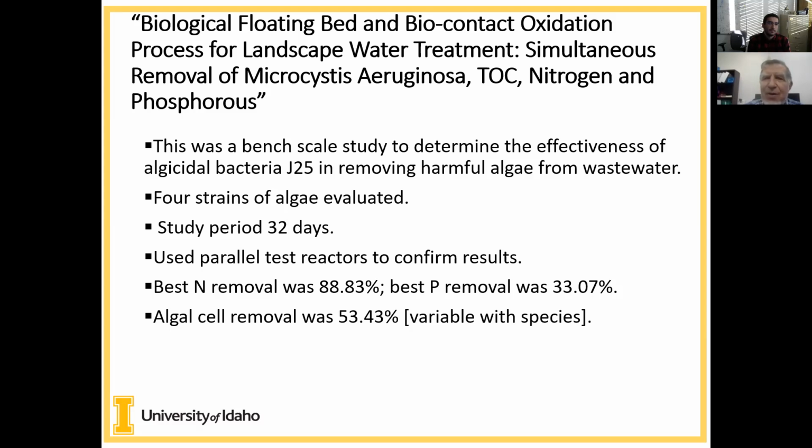I think it's interesting to note that this is looking at an algacidal bacteria, J25, something which no other work that I have seen was looking at. It is a whole different direction. 4 strains of algae were evaluated, and the study period was 32 days. In this case, they used parallel test reactors to confirm their results.